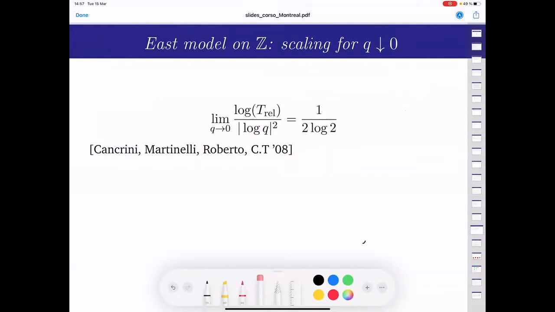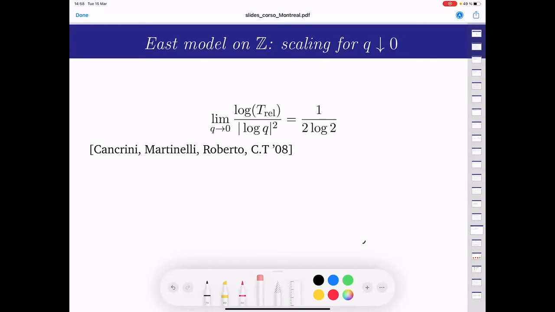So let's now go back to the East model and try to understand the scaling when Q goes to 0. For the East model, it's clear that there won't be any blocked cluster whatsoever. So with probability 1, with respect to the initial Bernoulli measure, I will be able to empty everything.